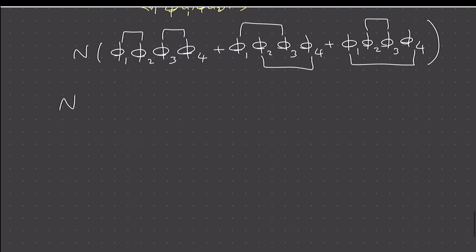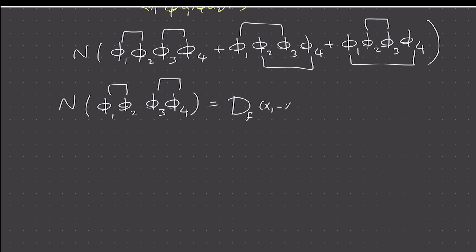So now what's the meaning of the normal ordering of phi 1, phi 2, phi 3, phi 4? It means just the multiplication of 2 Feynman propagators.